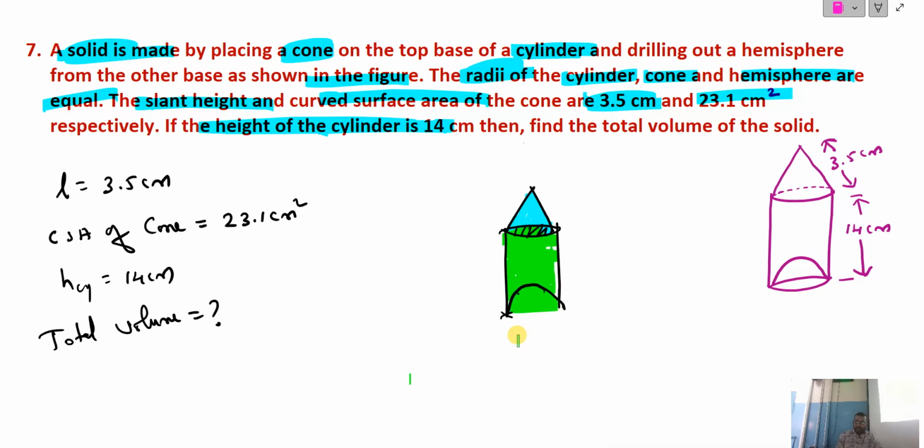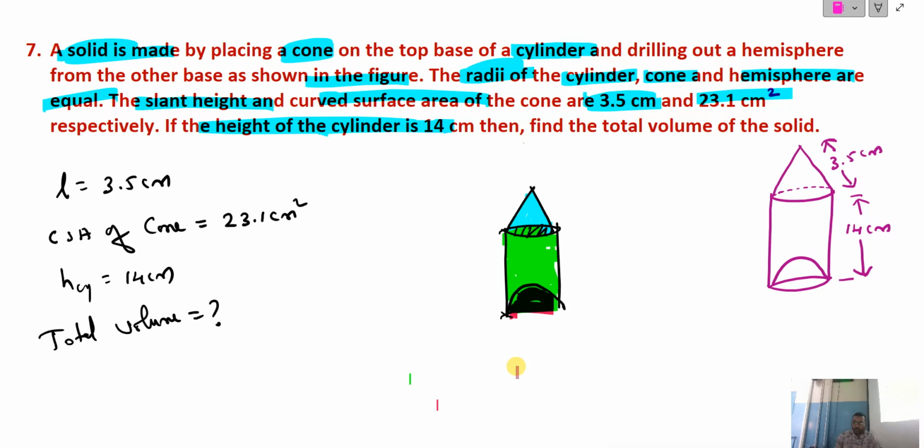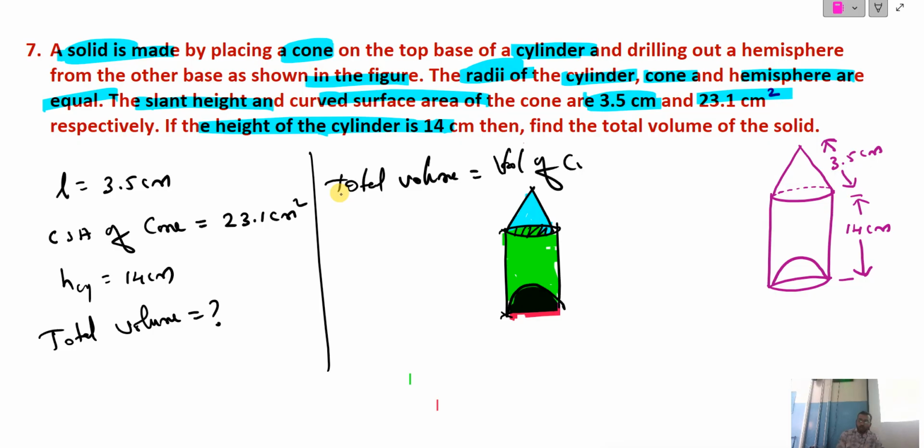In this complete cylinder volume, I am removing this much volume. Can you see this part? This much volume is removed from the cylinder. So, if you want to calculate the total volume of this solid, what should we find? Volume of cone plus volume of cylinder minus volume of hemisphere.